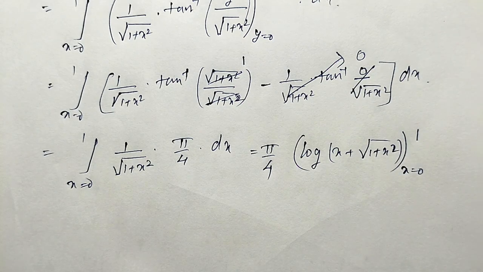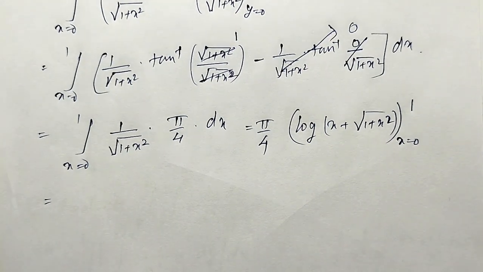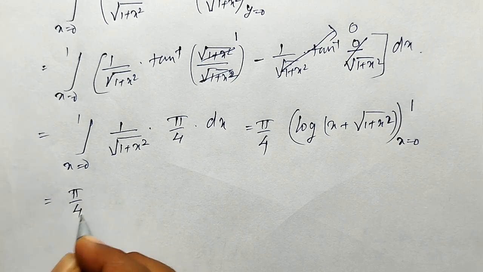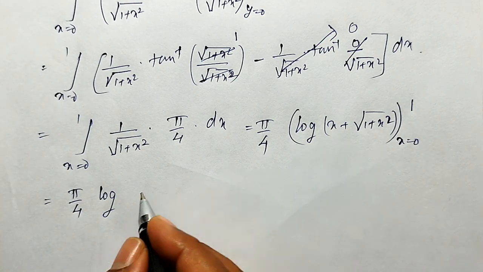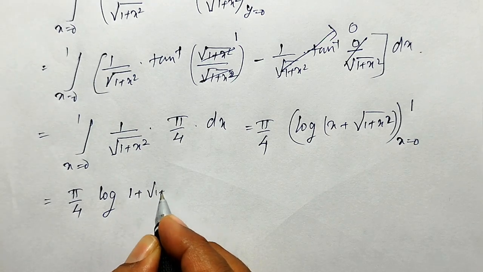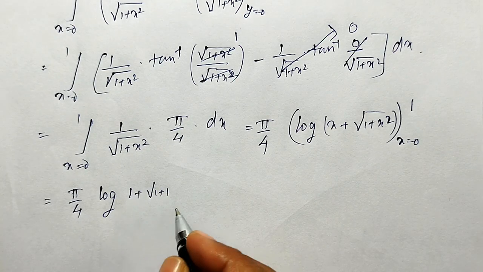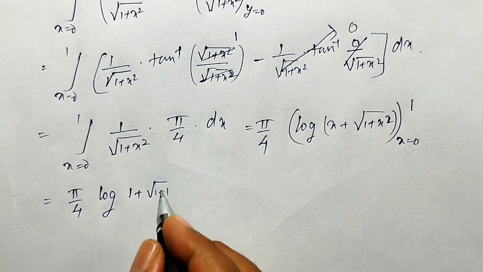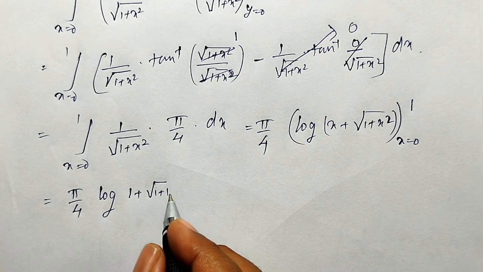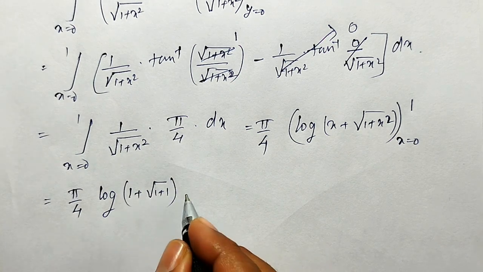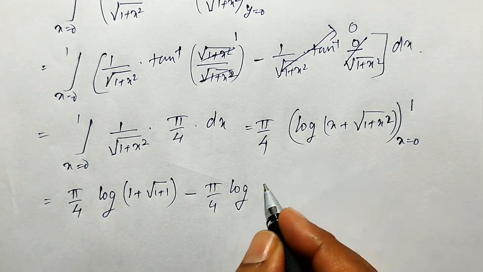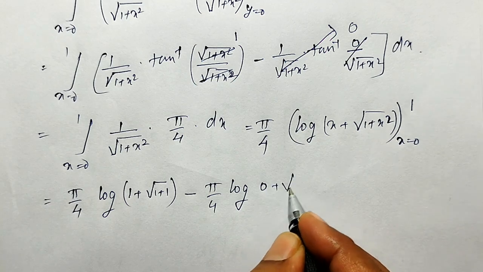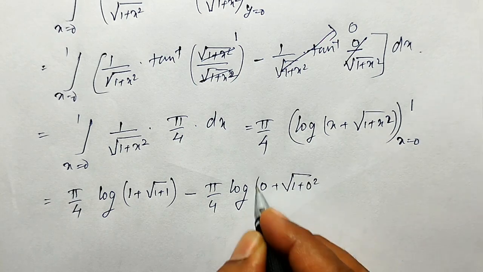Substitute the upper limit minus the lower limit for this. Therefore it is pi by 4 into, for the upper limit, log of x replaced by 1, that is 1 plus square root of 1 plus 1, and minus pi by 4 times log of x equal to 0, that is 0 plus square root of 1 plus 0 square.